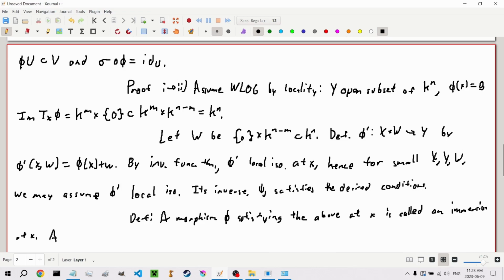A morphism phi which is an immersion at all x in its domain is just called an immersion as a whole.